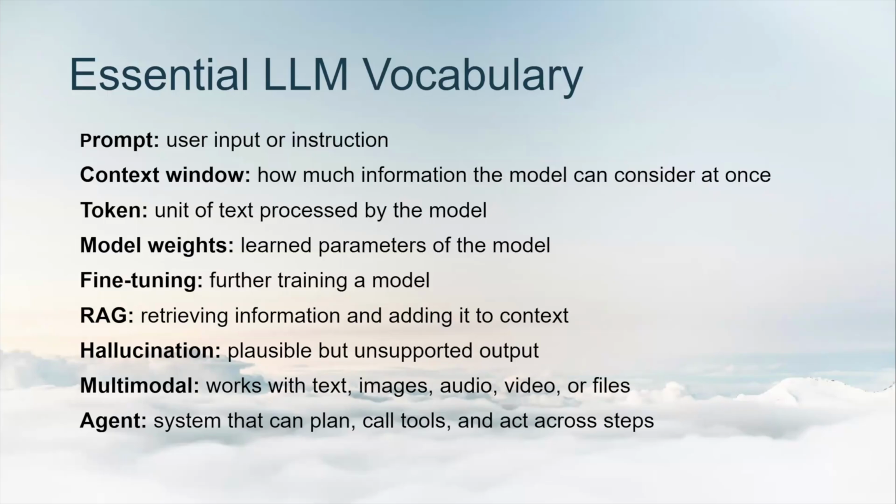So prompt is what you give the model. This is the user input or your instructions. The context window itself is how much information the model can consider at once. So if you're in a chatbot, all of your previous chats will be saved in that context.